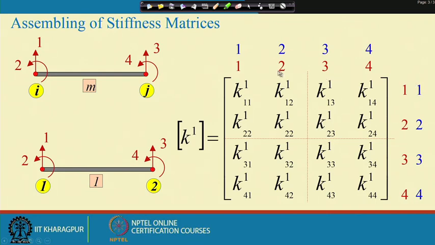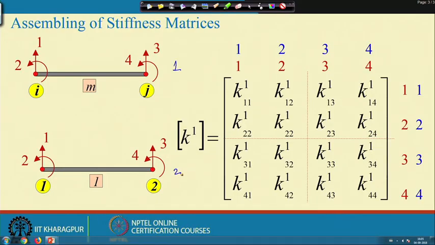This numbering is important. You see two figures here, figure number 1 and figure number 2. Figure number 1 is the definition through which we derived the expression for the stiffness matrix. In that definition we identified the ith point degrees of freedom as 1 and 2 and the jth point degrees of freedom as 3 and 4.